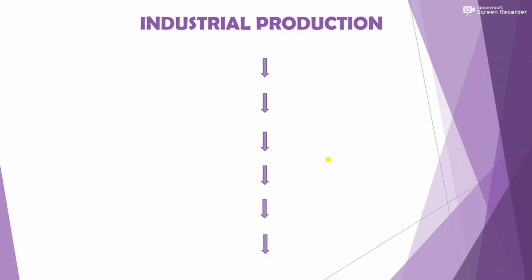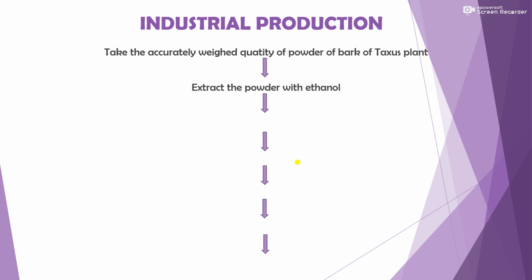Next is the industrial production of Taxol. Take an accurately weighed quantity of powder of bark of the Taxus plant, extract the powder with ethanol, filter it, and evaporate at 40 degrees Celsius to dryness.